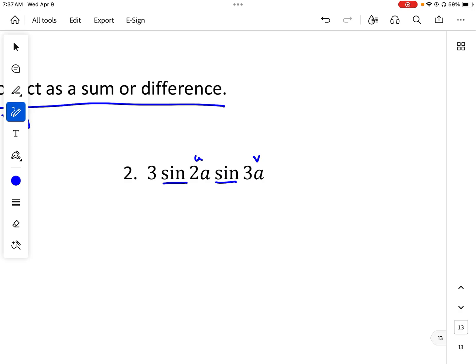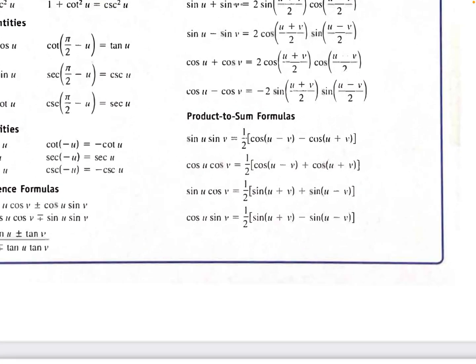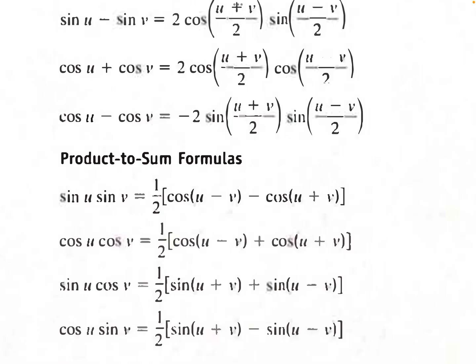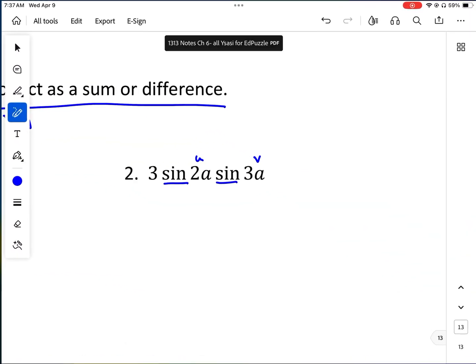This is sine u, sine v. So if we look at our formula, it will be the first one. Sine u, sine v is half cosine u minus v minus cosine u plus v.